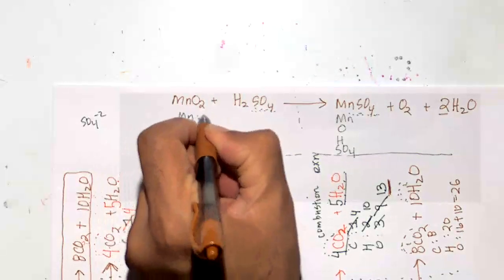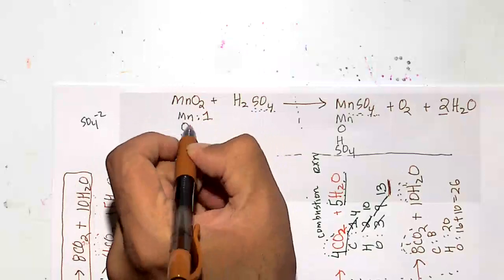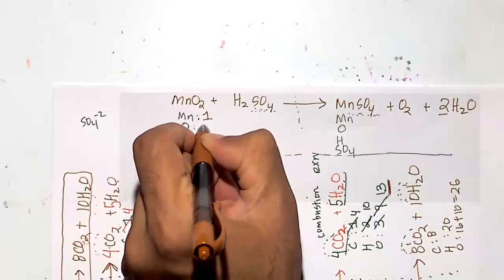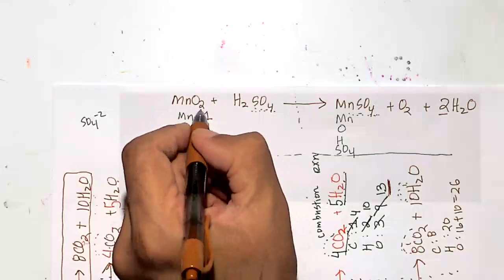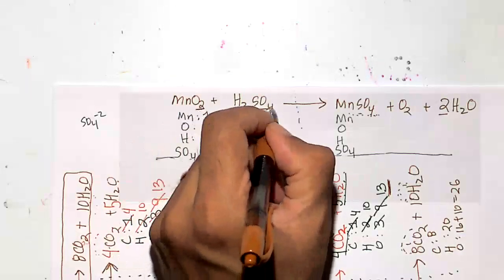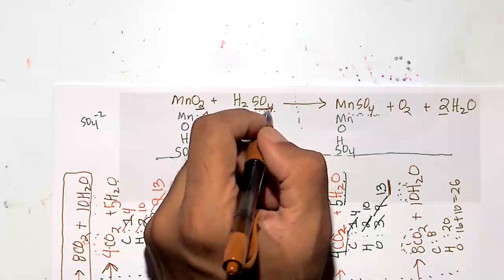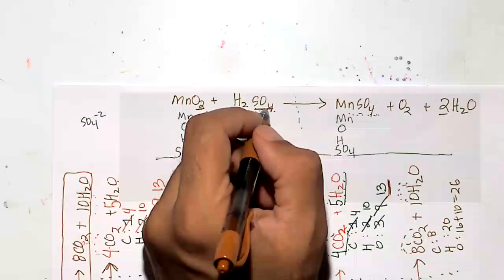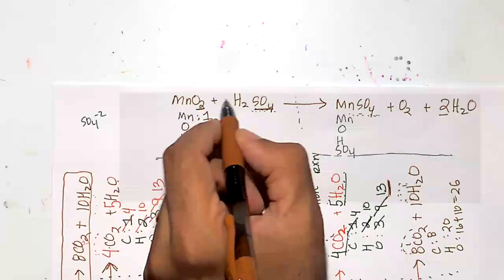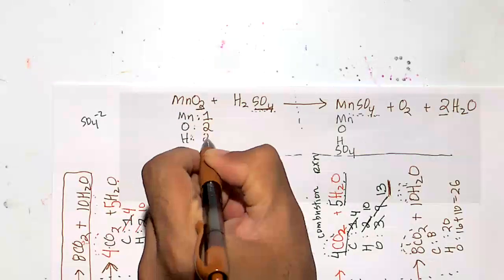All right, how many Mns do we have? 1. How many oxygens do we have? I'm going to take this out as 1 unit, SO4, it just makes it easier. How many hydrogens do we have?